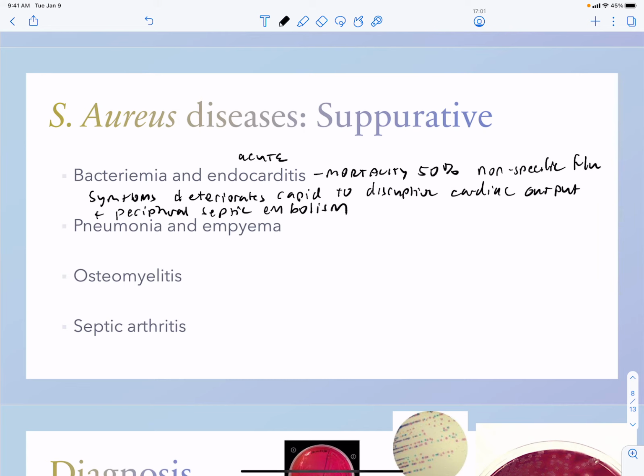Now, of course, Staph aureus can also cause pneumonia, and this is referred to as typical pneumonia. And so you're going to get patchy infiltrates. Remember, staph has a lot of toxins, so these toxins are going to allow it to form abscesses.